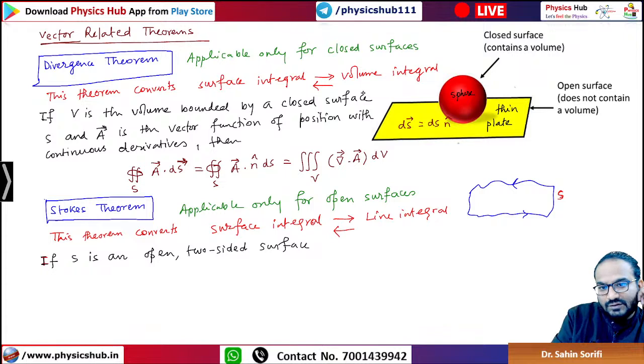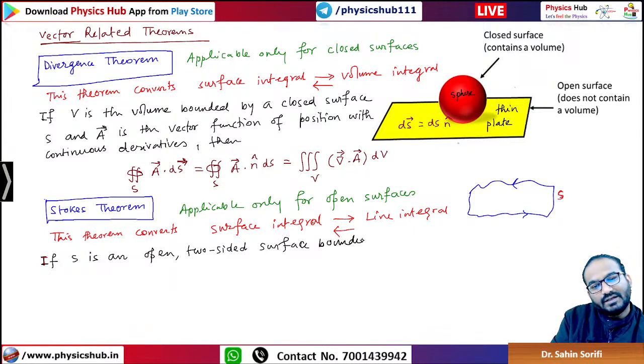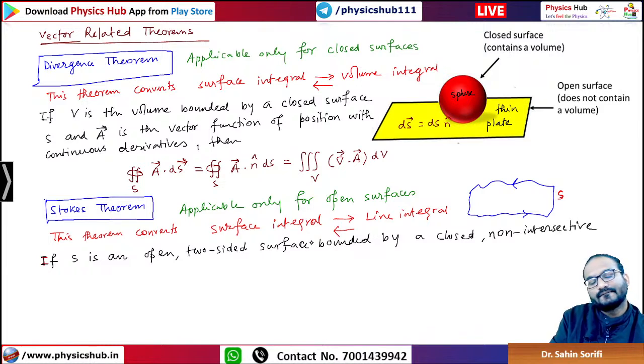Look, here the volume was bounded by a closed surface. Now the surface will be bounded by some line, by a closed, non-intersecting curve. Let's call this curve C.